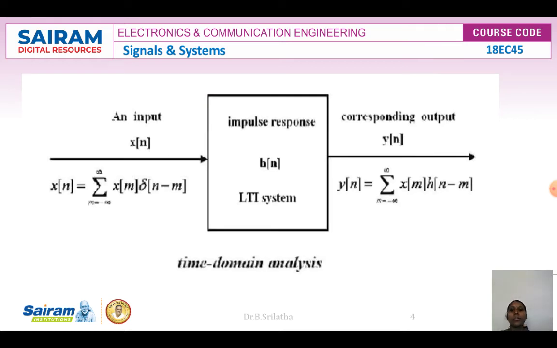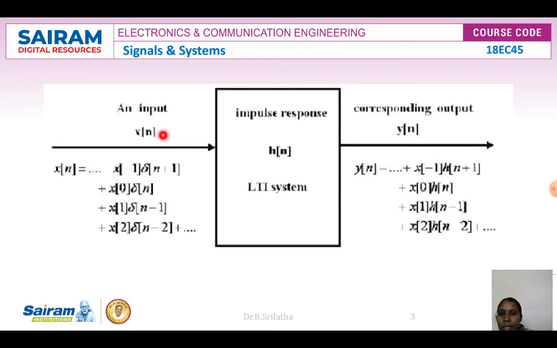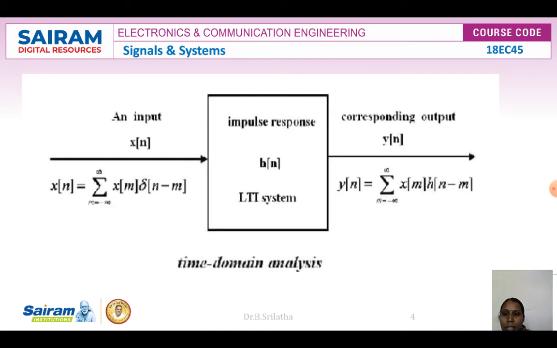Now the input x of n we can write as the previous equation. This whole thing we can write as the summation over m from minus infinity to plus infinity of x of m into delta of n minus m. So instead of writing all the terms, we can write the summation of x of m into delta of n minus m.